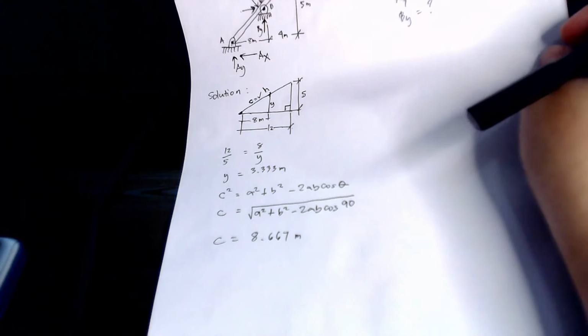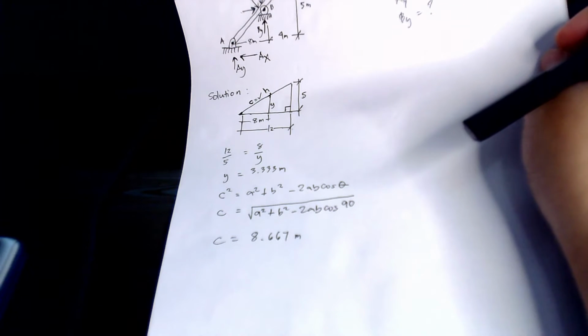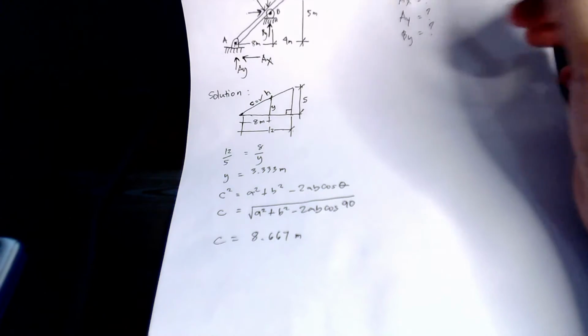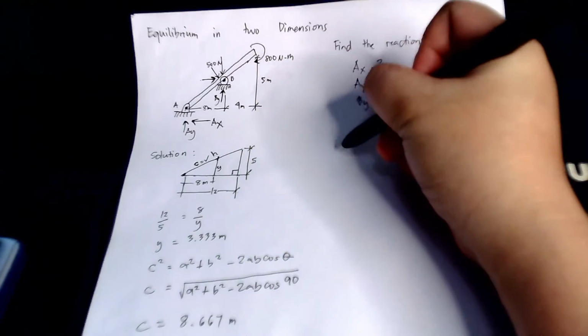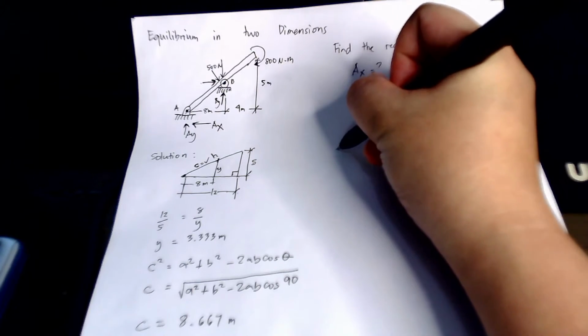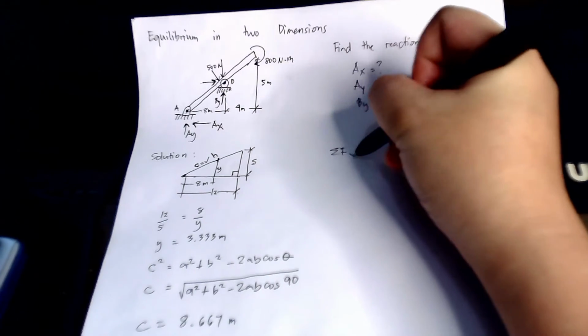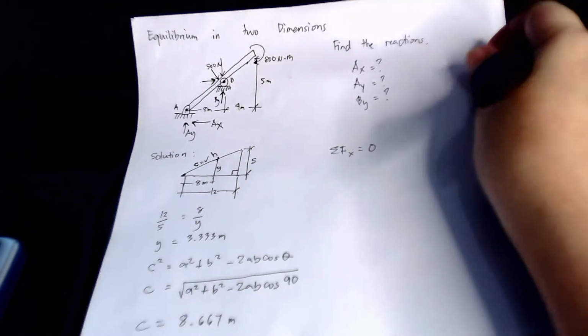Now let's proceed to what is asked in our problem. Since it is equilibrium, the summation of all forces along X must be equal to 0.